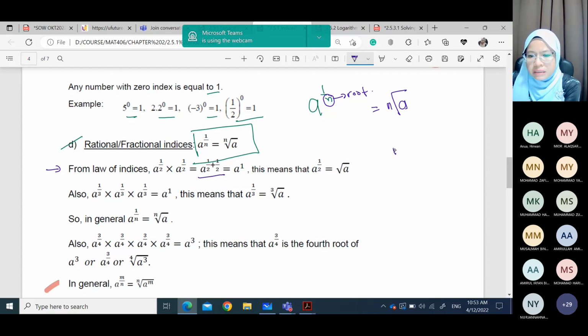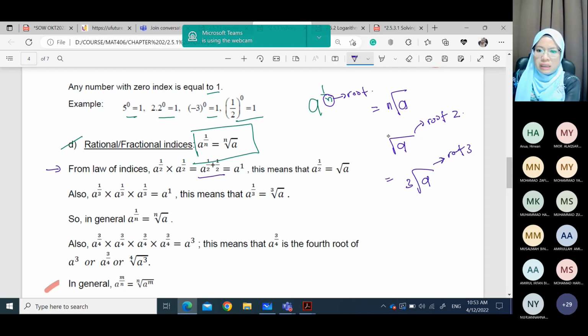So biasa kalau you nampak dekat sini, ini kita panggil sebagai root 2 ataupun punca kuasa 2. Okay. Kalau yang macam ni, katakan kita ada root 3, dia adalah root 3, punca kuasa 3.